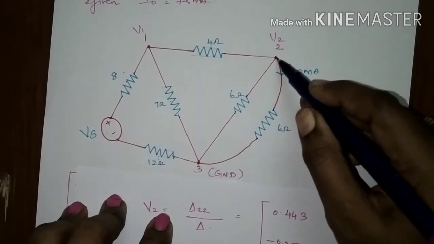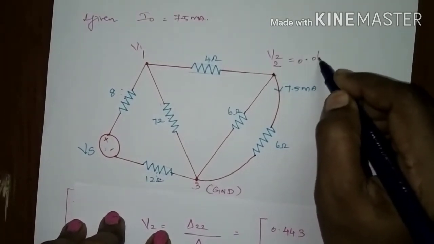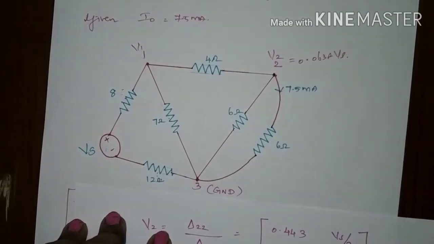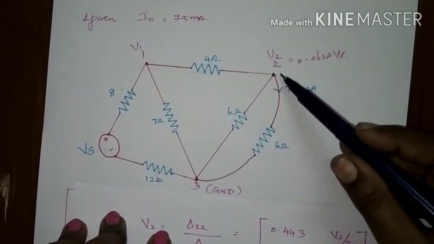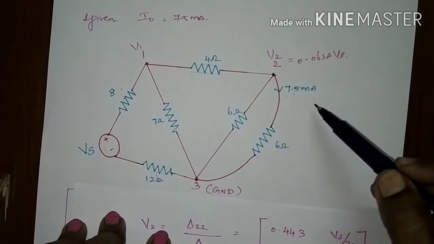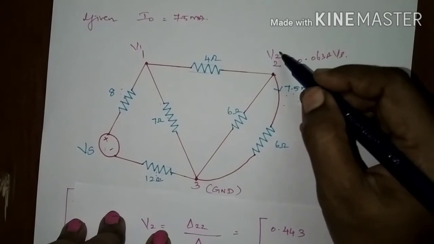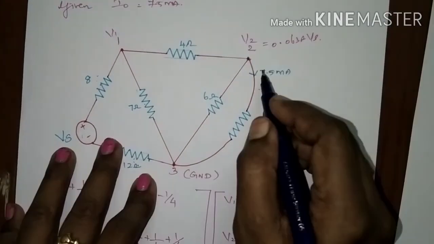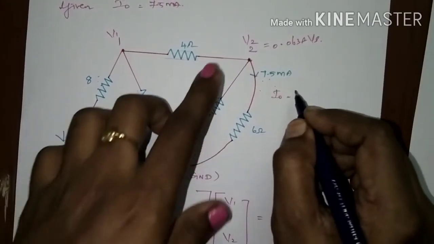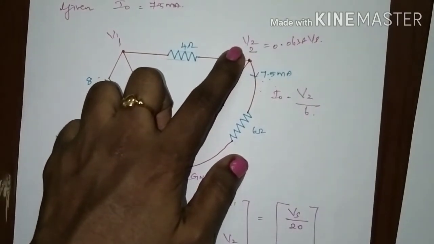In this circuit, we know that V2 is equal to 0.0638 Vs. And the current flowing through the output element is 7.5 milliampere, right? So, I0 can be written as the voltage at this node, that is V2, divided by 6.